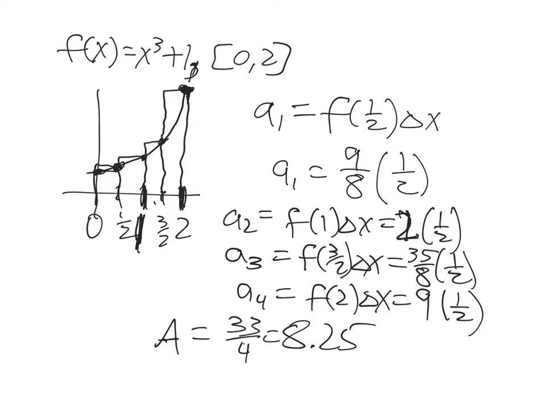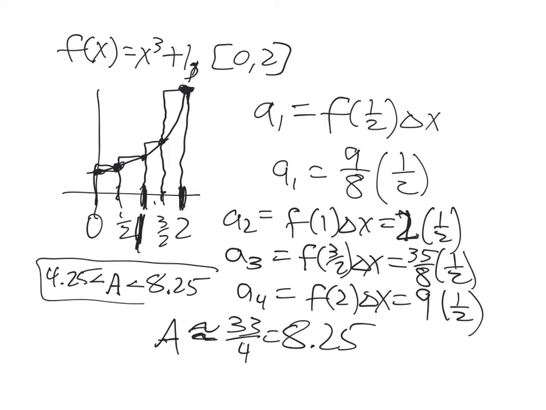And this should be approximately equal. So based on those two approximations, the exact area is going to be in between 4.25 and 8.25. Both are fairly decent approximations. How do we make it a better approximation? More rectangles.